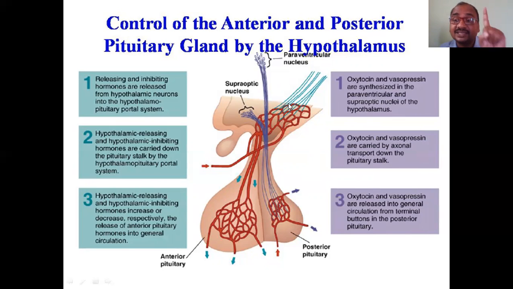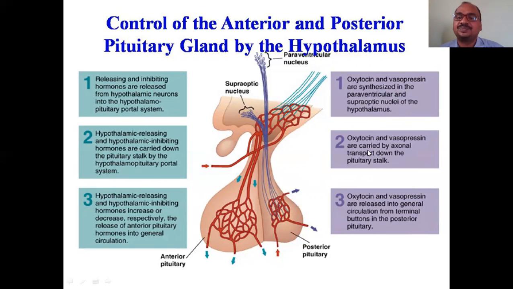This point is also very important: they are manufactured here, but released by the posterior pituitary gland. Where are these synthesized? Not in the posterior pituitary gland, exactly: the paraventricular nucleus as well as the supraoptic nucleus synthesize both hormones.